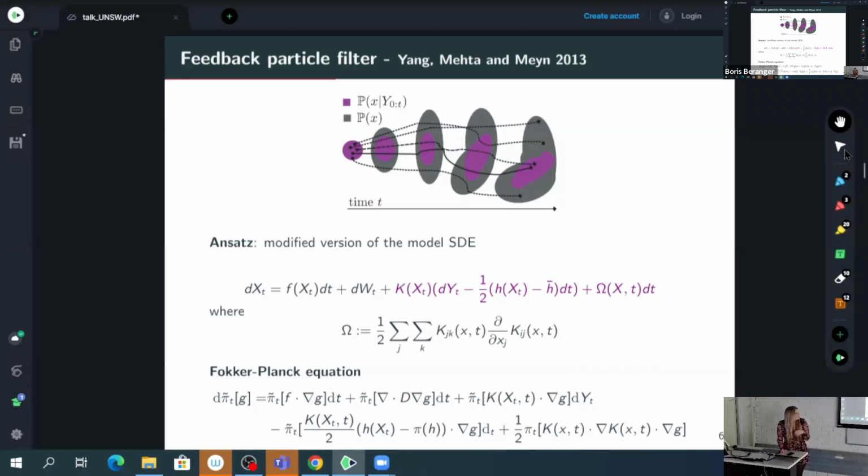And since we do know that the posterior density, or the filtering density, is evolving according to the Kushner-Stratonovich equation, we can now compare this Fokker-Planck equation of the modified evolution equation with the Kushner-Stratonovich equation, and then try to see how we have to design this additional term so they're actually equal, and I'm actually producing samples of the true posterior.